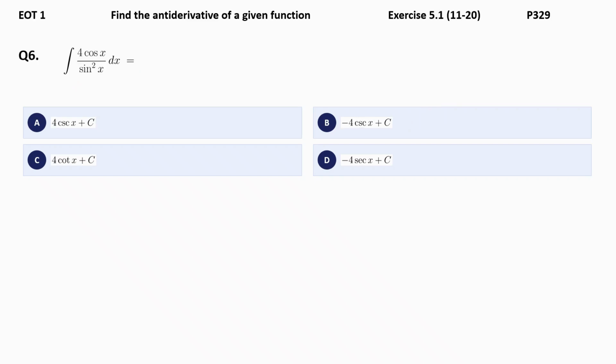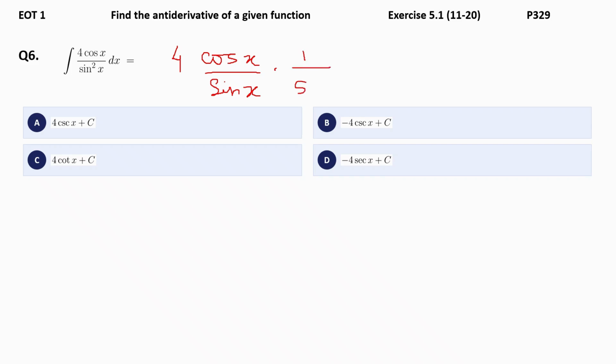Here we go with question number 6. In such a situation, when we can't look for any formula, what we can do is split and simplify. For the sine square x, I split it as cos x divided by sin x. I will consider only one sin x, and the other one I write as 1 over sin x.